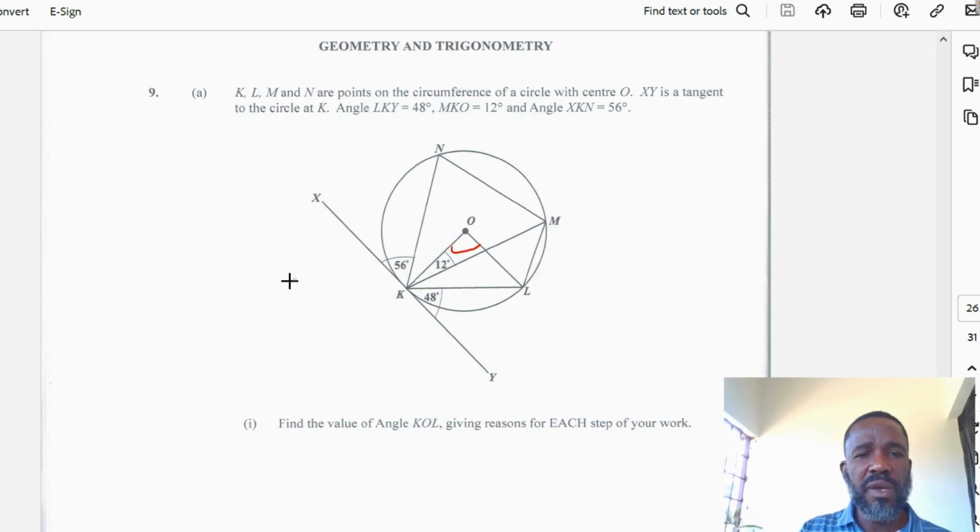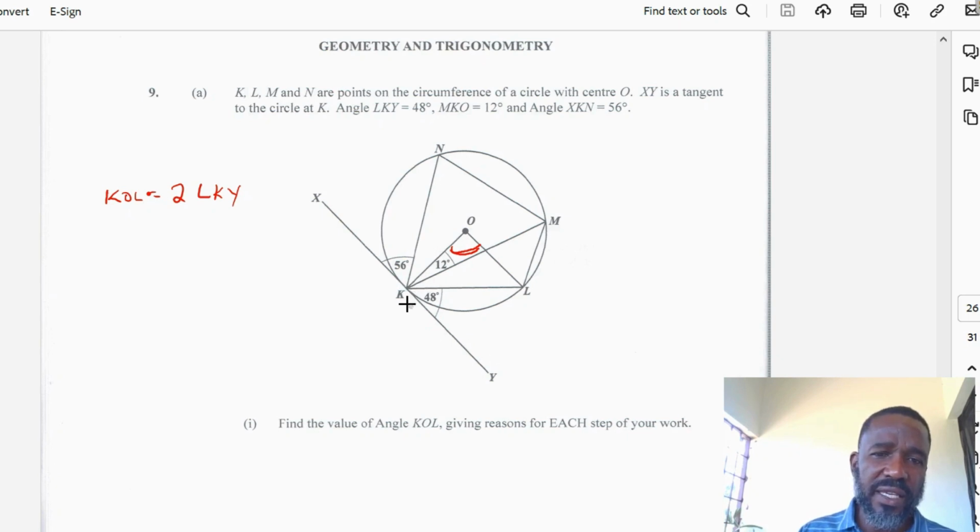Now what we need to remember is that KOL is equal to twice LKY, and the rule for that is that the angle at the center is twice the angle between the tangent and the chord.